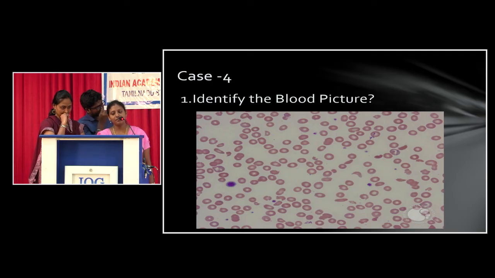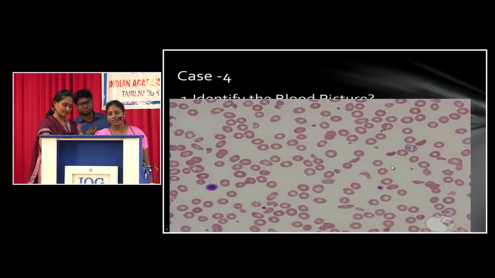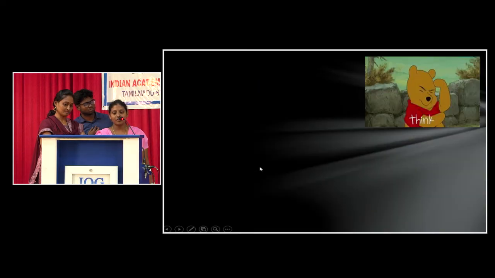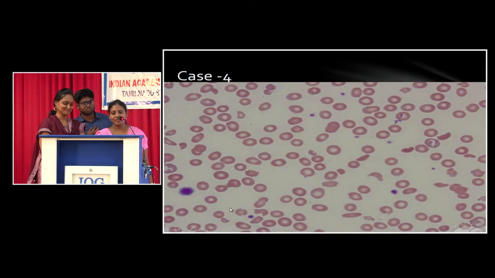Microspherocytes. Then? What do you call this cell? Okay. What about this cell? This cell, this cell, this cell. Yeah, helmet cells. Helmet cells are seen, otherwise called as? Schistocytes. Okay, fine.